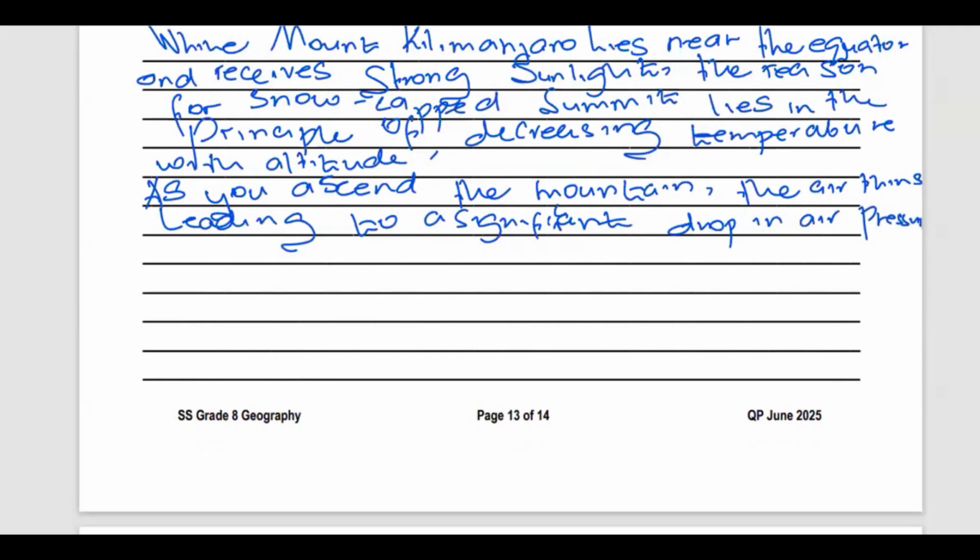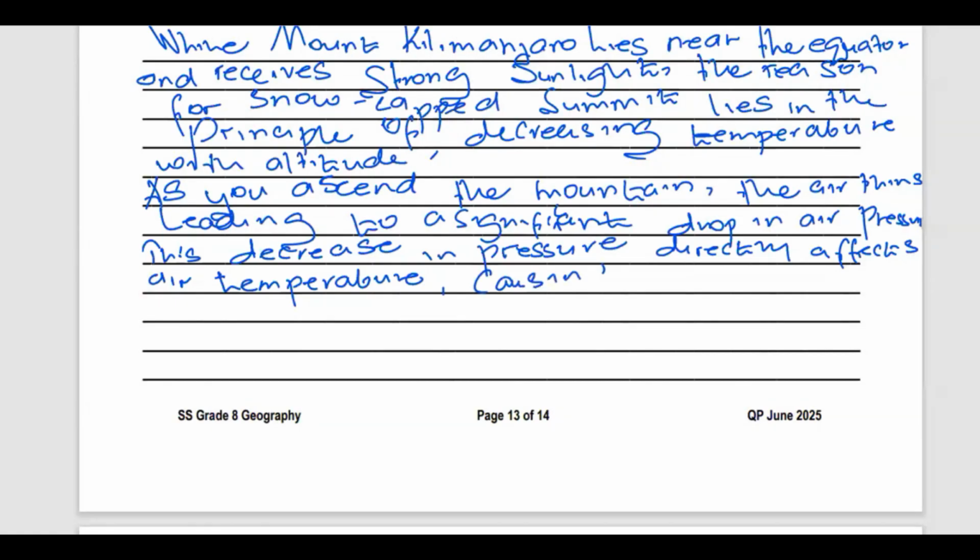This decrease in pressure directly affects air temperature, causing it to plummet.